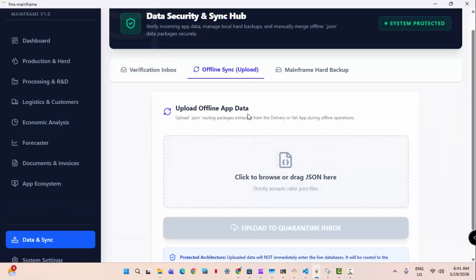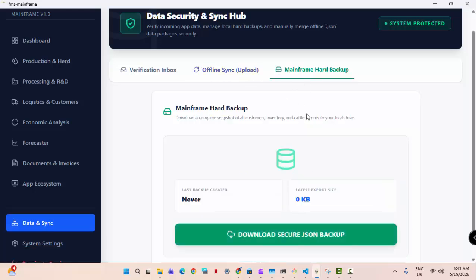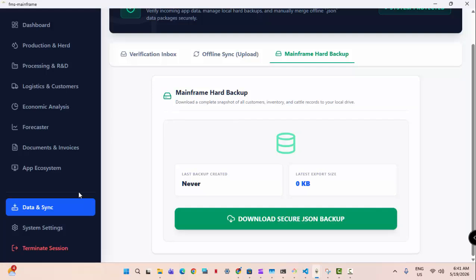And if sometimes the internet goes completely off the grid, at that time we have offline upload via JSON files, and we have kept backups as well for this software so that we have minimal data losses.